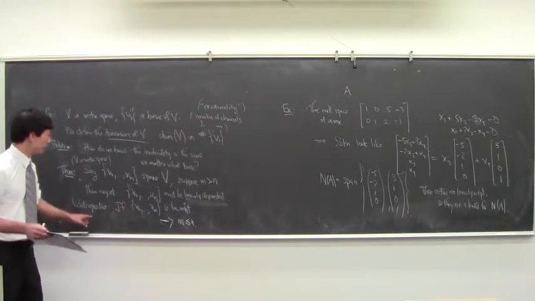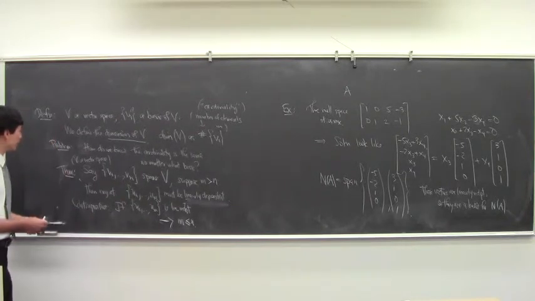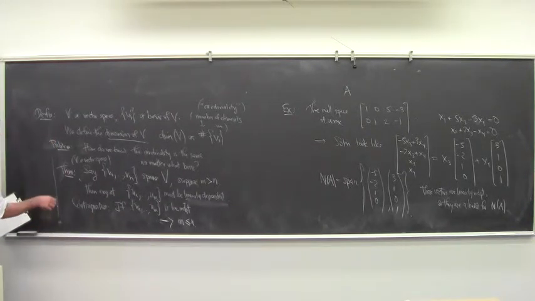Okay. So in other words, what this theorem tells you is that the size of a linearly independent set is smaller than the size of a spanning set. Right? So the cardinality of a linearly independent set, if you're in some vector space, is going to be smaller than or equal to the size of the spanning set.